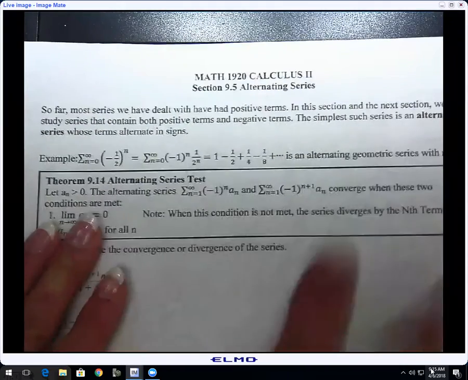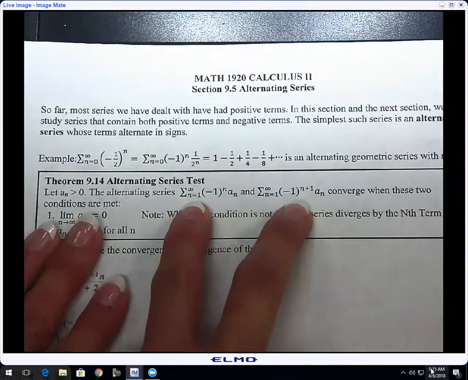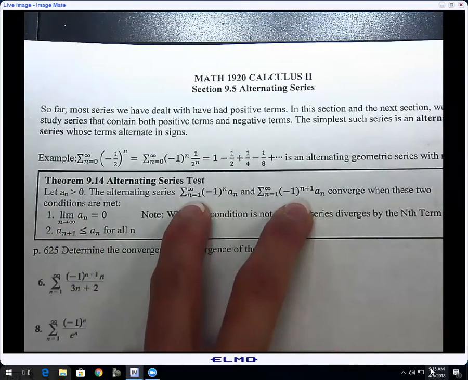Now, before we even talk about the two conditions, what's the point of this? They're identical except for one has -1 to the n, one has -1 to the n plus 1. What difference is that going to make? That changes whether every other term starts on the first term or on the second term.